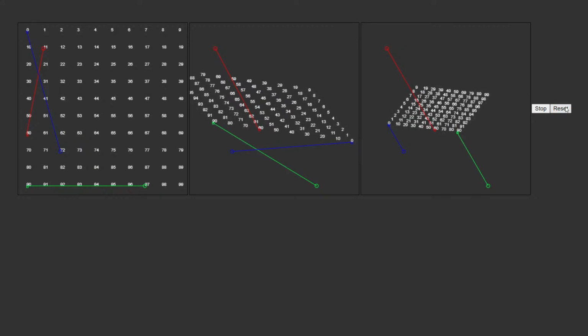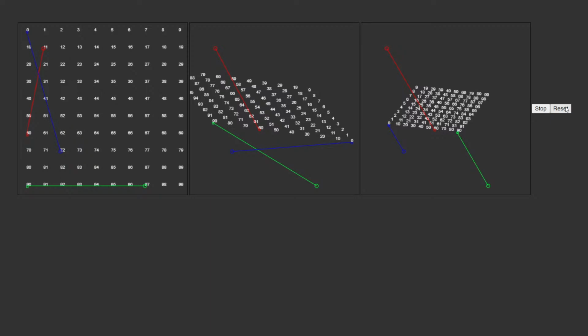Also, we're trying to solve systems of linear equations using gradient descent. Is that guaranteed to solve it, or... Who knows?